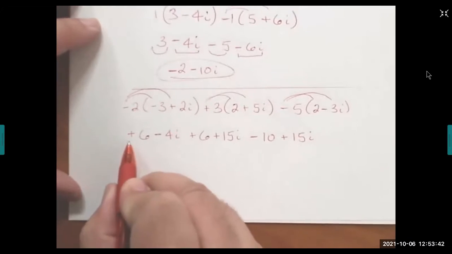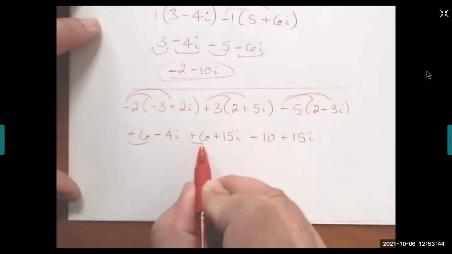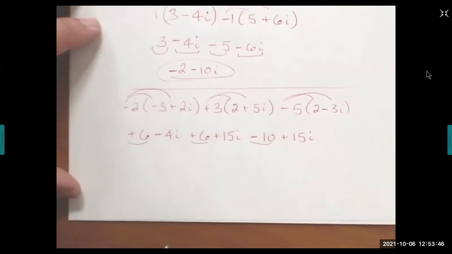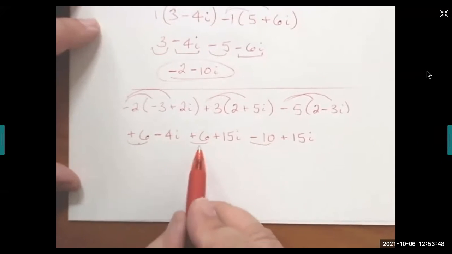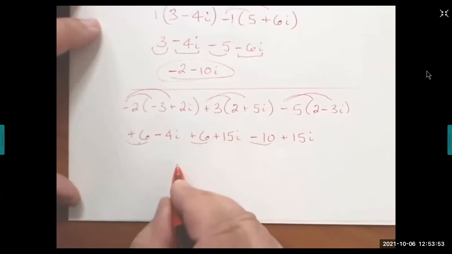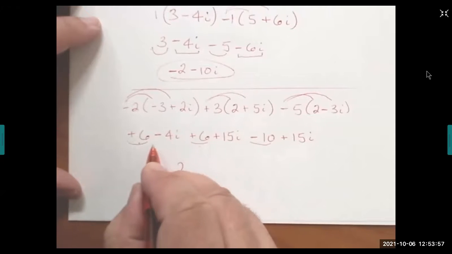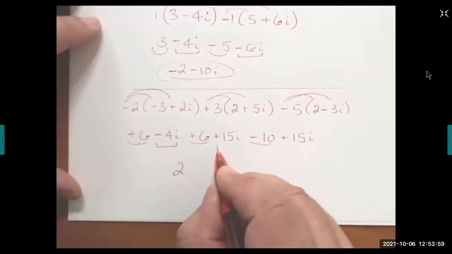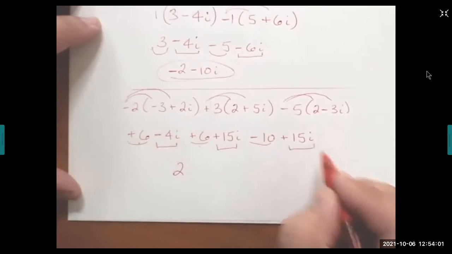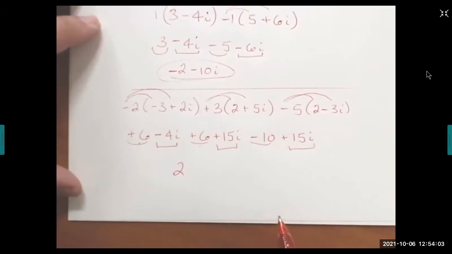Combine like terms. We have 6 plus 6 minus 10. 6 plus 6 is 12. Minus 10 is 2. Negative 4i, 15i, 15i. Because there are 3 terms, I can use the associativity property.